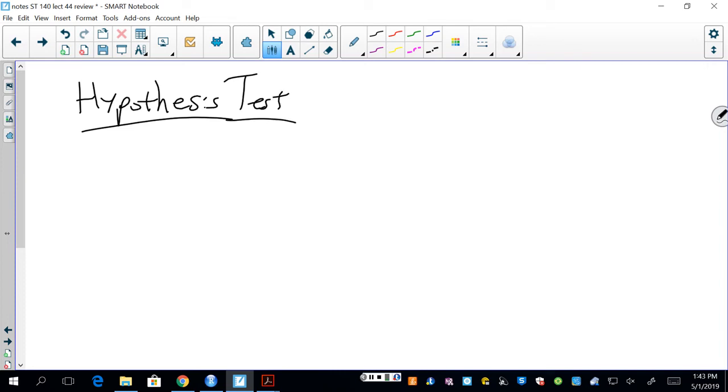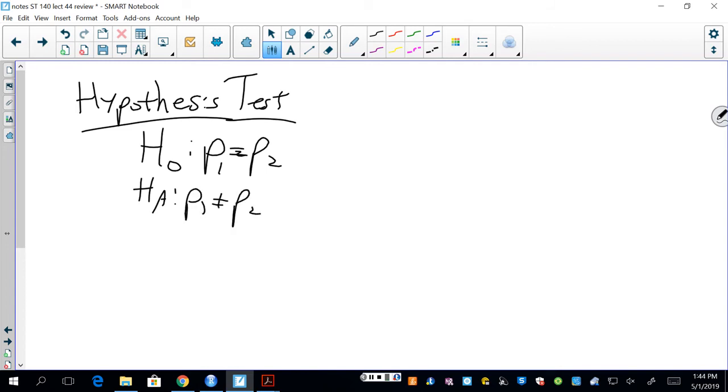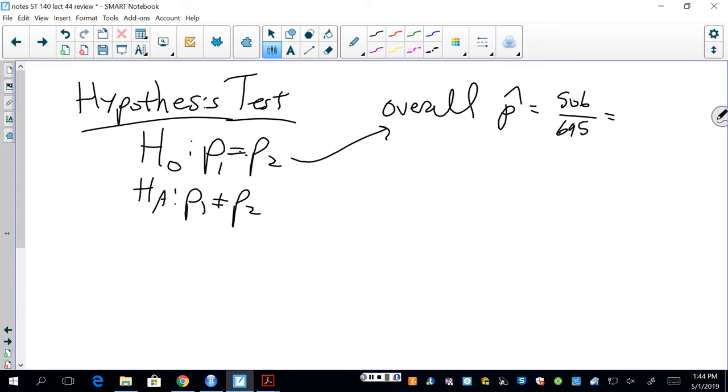Okay, so the hypothesis test says that the two rates, I'll just call them P1 and P2, are the same. The alternative is that they're not equal. And for a hypothesis test, we need to use the composite. If the two groups were joined together and there's really no difference, what's the rate? The survival rate then is 506 over 695 from the table, so overall is 0.728, which is between the two that we have.